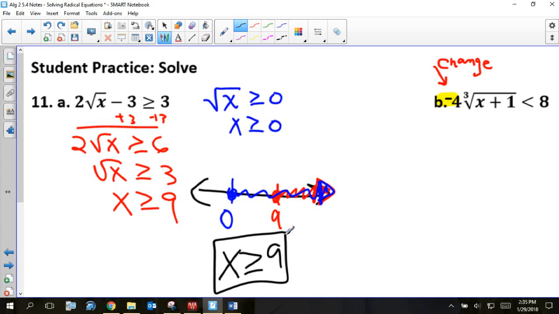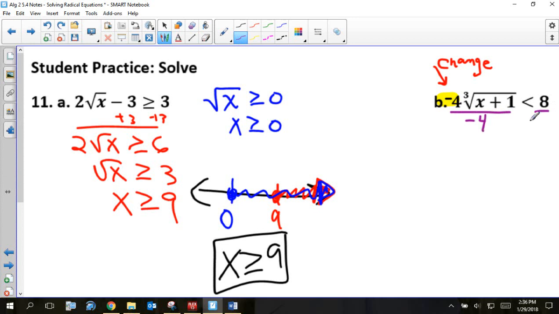What are we going to do first to solve it? Multiply by the reciprocal of negative 4. Or instead of multiplying by negative 1/4, I'm going to divide by negative 4. That sounds a little bit easier, but it's the same exact thing.